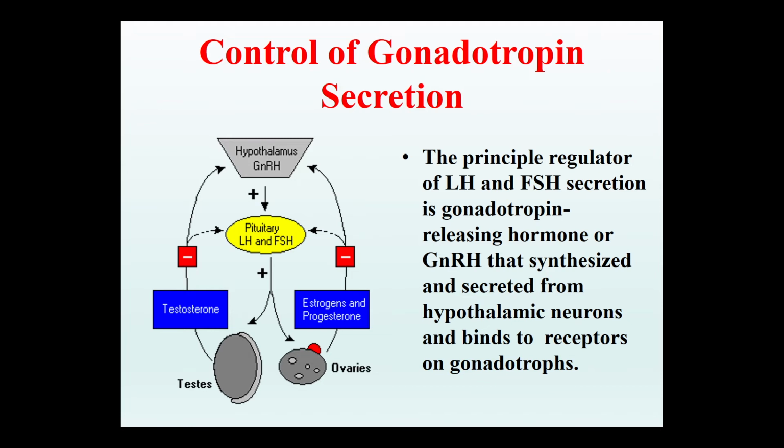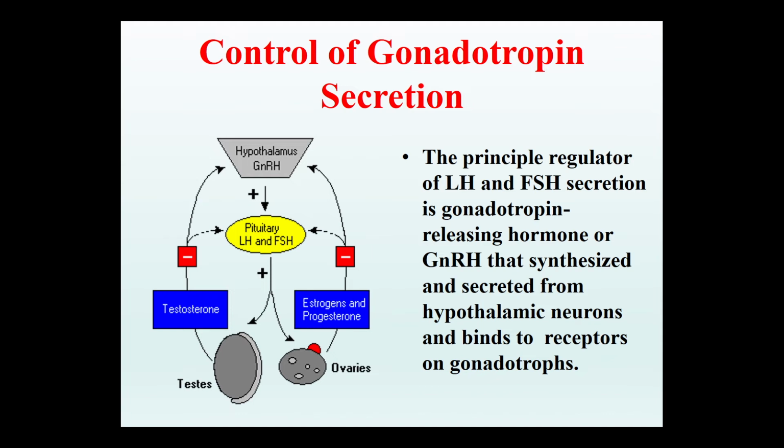The principal regulator of LH and FSH secretion is gonadotropin releasing hormone, which is produced in the hypothalamus. Gonadotropin releasing hormone stimulates secretion of LH, which in turn stimulates gonadal secretion of the sex steroids testosterone, estrogen, and progesterone.